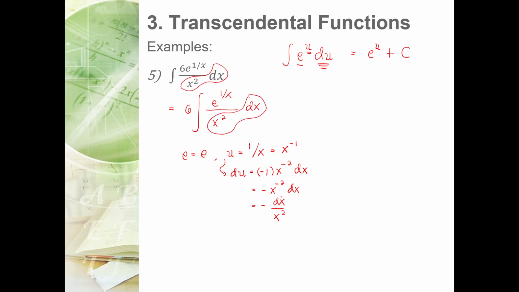Since it still has a negative sign, divide by negative 1. So we have negative du is equal to dx all over x squared. This term here is this one, your e term is this one, and 1 over x is this term here.